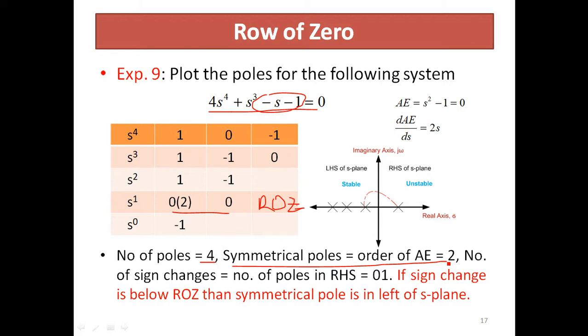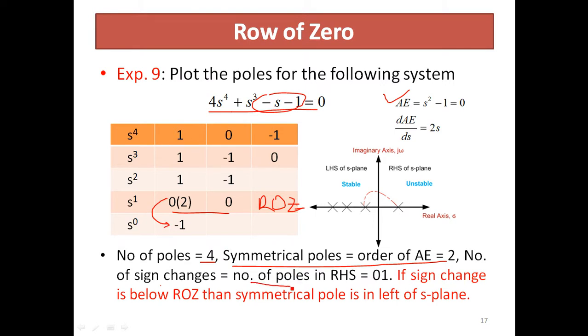And what would be the number of symmetrical poles? It is the order of the auxiliary equation. So here this is auxiliary equation which is of second order. 2 number of poles would be symmetrical to origin, right? Number of sign changes, that is 1.